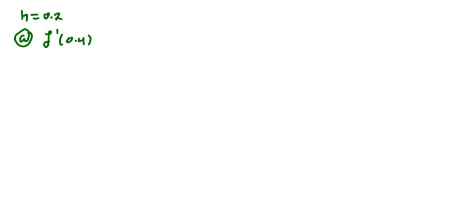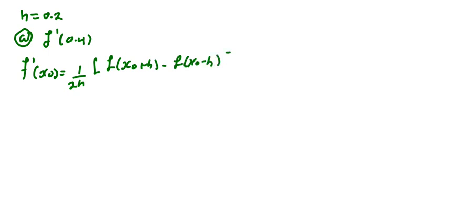This is just more like the 3-point midpoint formula, which is given as f prime of x naught is equal to 1 over 2h, open bracket, f of x naught plus h minus f of x naught minus h. Okay, you have the error part here. I'll leave it out for now, because we can easily find it by subtracting whatever we get here from the exact value.